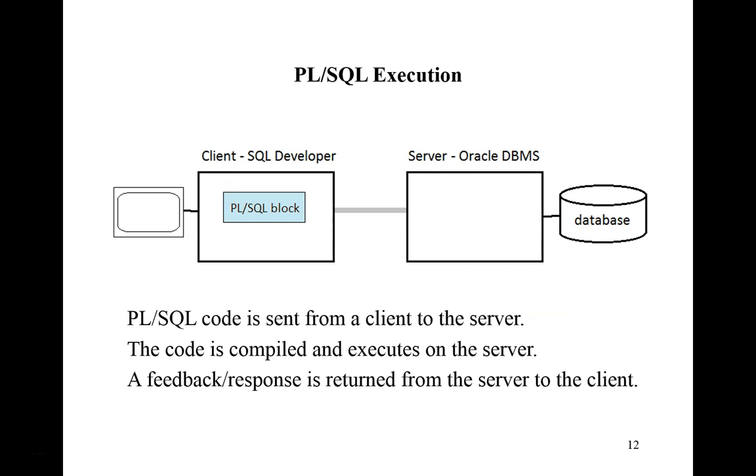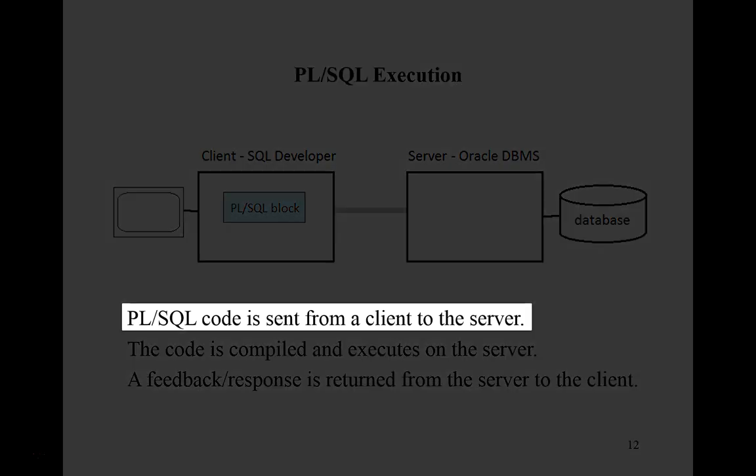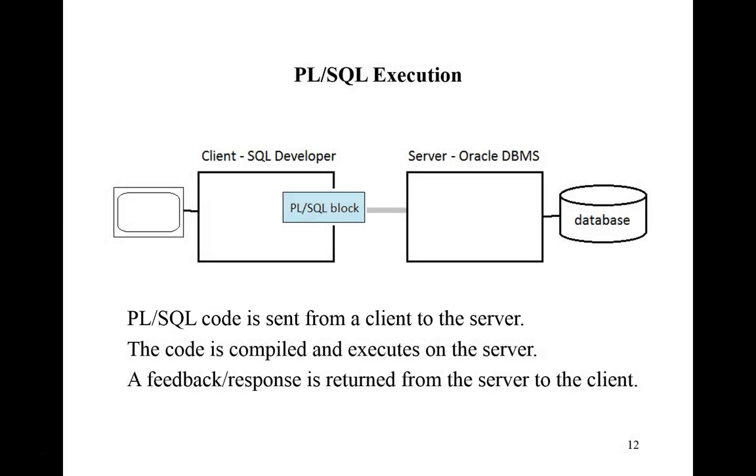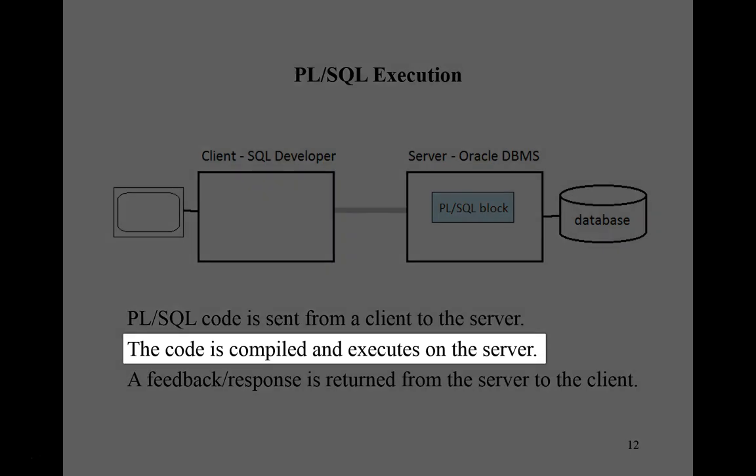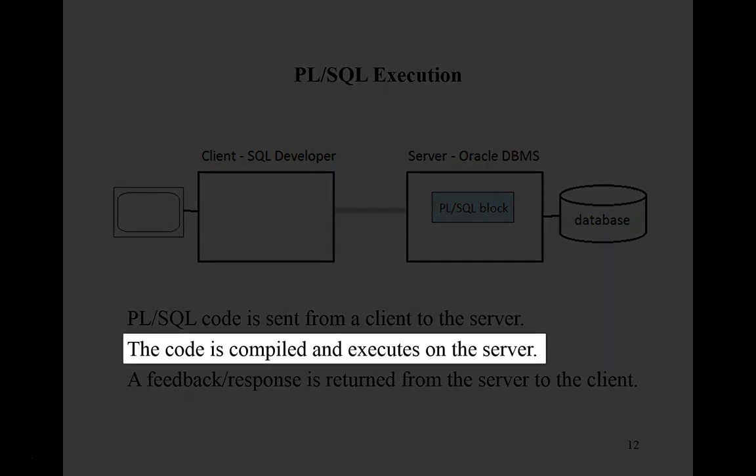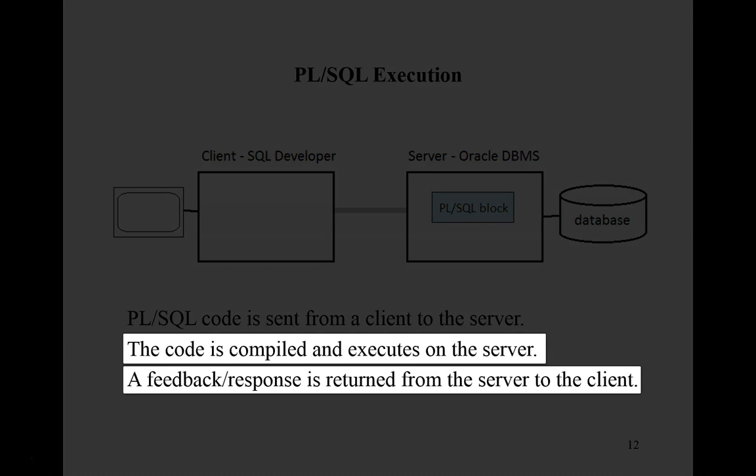The process we just described effectively is summarized on this screen, and we'll walk you through it with a little animation. The PLSQL code is sent from a client to the server. So we create our PLSQL block in SQL Plus or SQL Developer, some application that allows us to write the code and transmit it to the server. That code is transmitted across the network, received by the Oracle database, and it will then be compiled and it will execute.